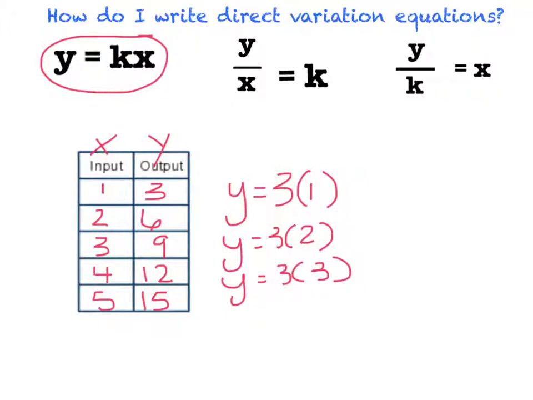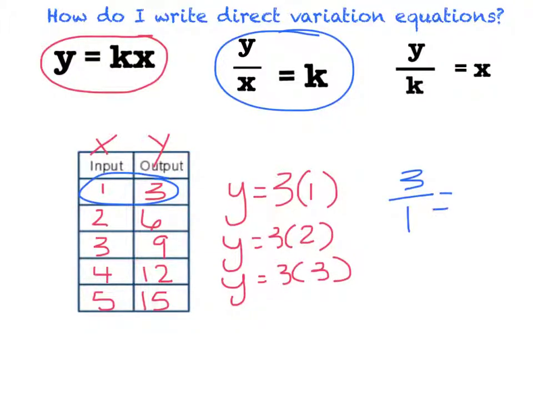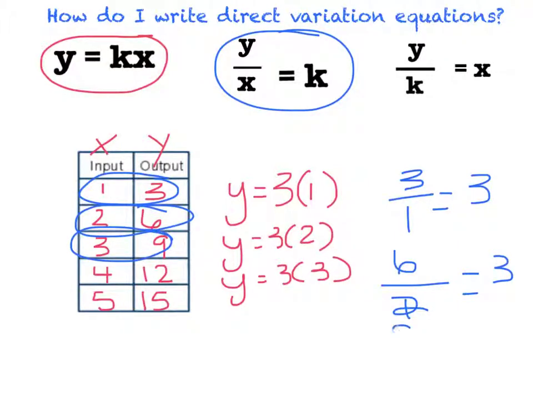Okay, so let's take a look at what we said in the last lesson about our ratio of y all over x is equal to k. Let's take our y all over x: 3 all over 1 is equal to 3. 6 all over 2 is equal to 3. 9 all over 3 is equal to 3.